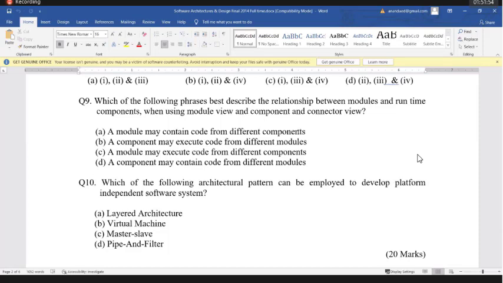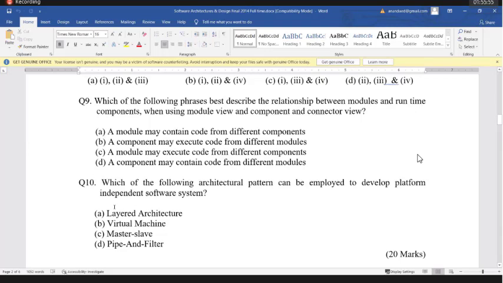Which of the following phrases describes the relation between modules and runtime components when using a module and component-connector view?